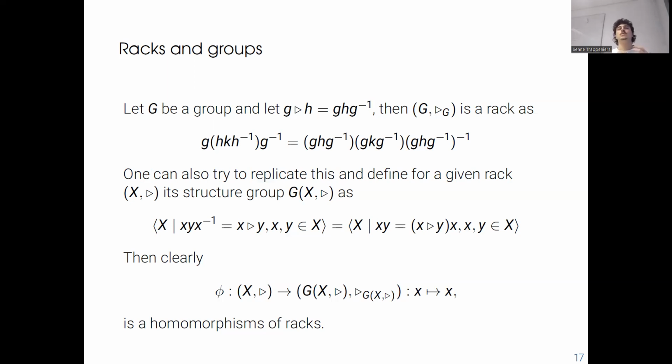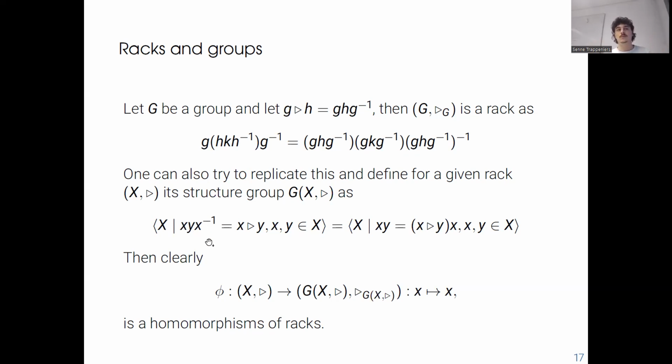So how would one go about constructing this? We basically want to construct a group generated by our set X, where conjugation in this group gives the rack structure. And what do we want? We want precisely that this thing right here holds.